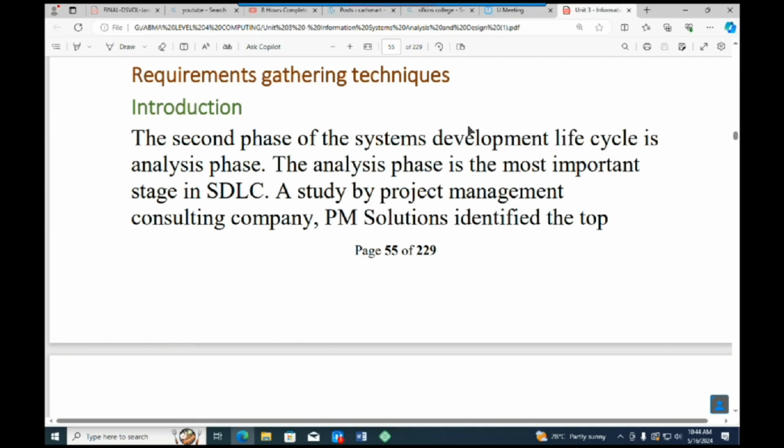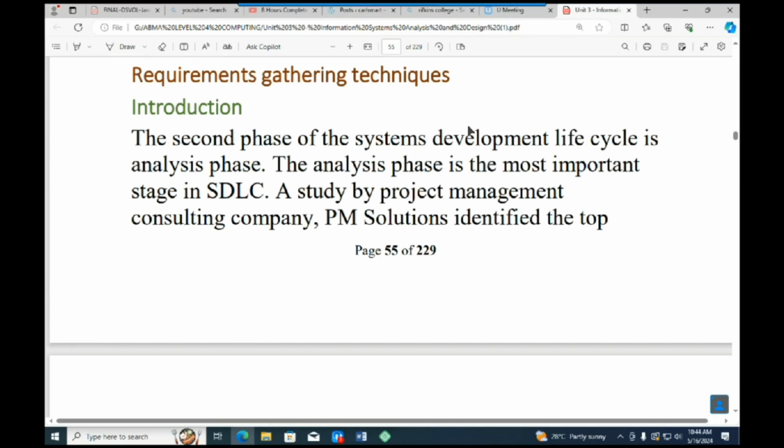Now, because we need to know the requirements of the system, it is of wisdom to learn the methods and the various techniques that are used to gather those requirements of the system.